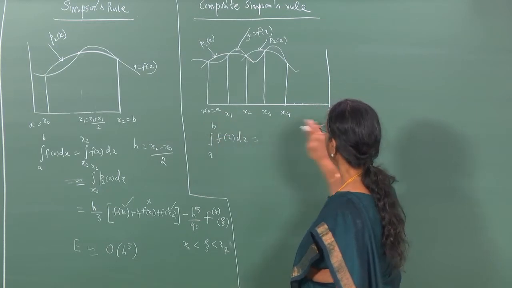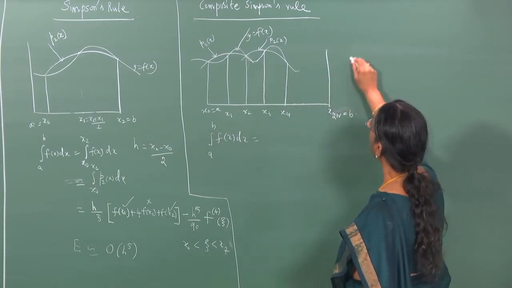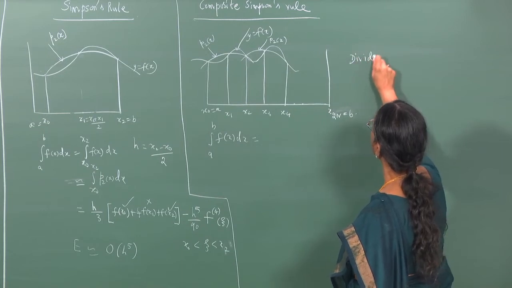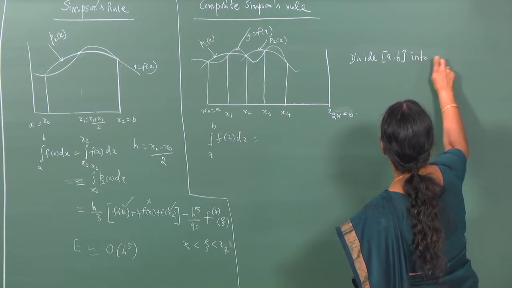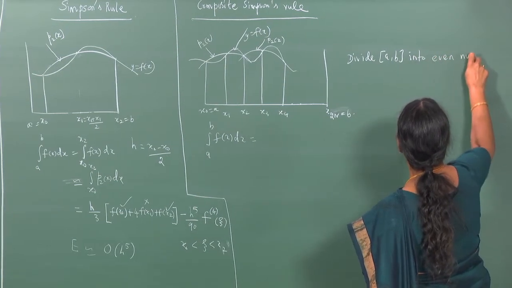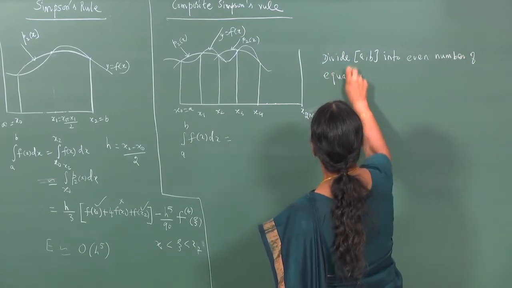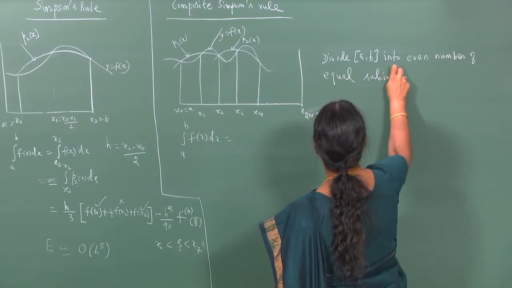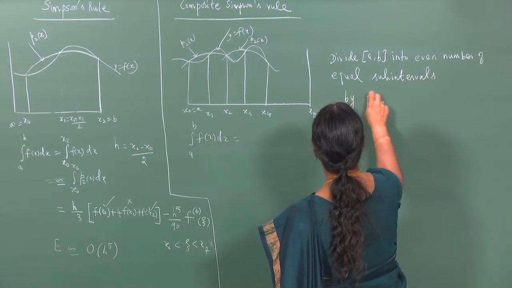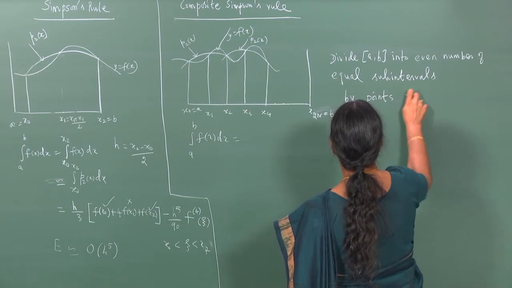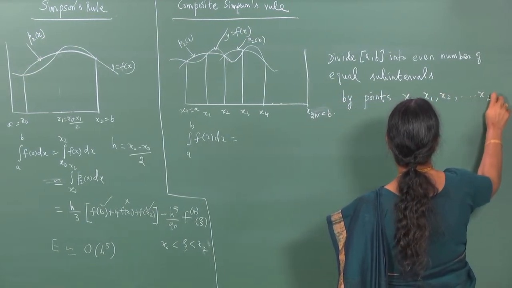So, I divide a b into an even number of equal subintervals by means of points, say x0, x1, x2, etc., x2n.